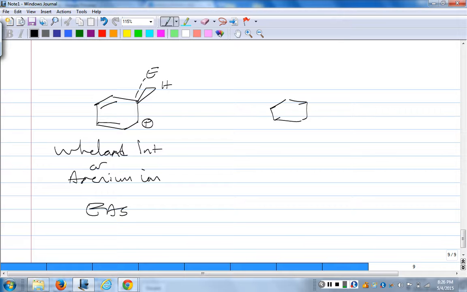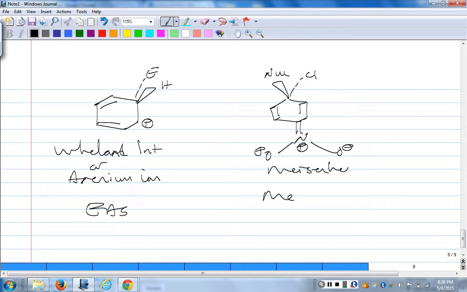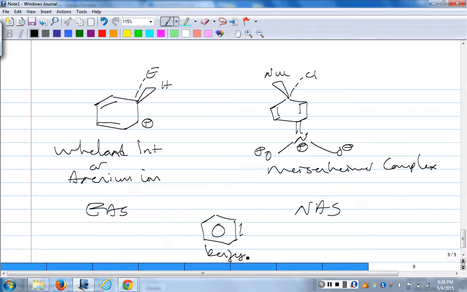This looks very different from the intermediate formed during nucleophilic aromatic reactions. This is your Meisenheimer complex, which you form during this particular type of NAS reaction. Obviously, another intermediate you form during NAS reactions is benzyne. So this is the benzyne as an intermediate.